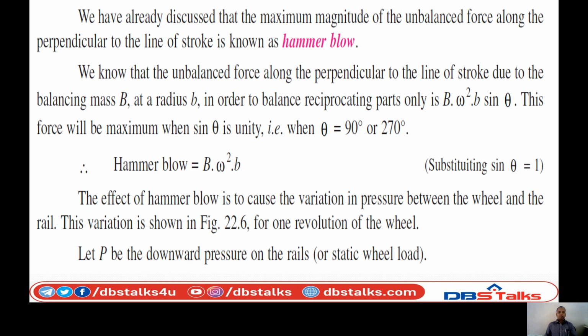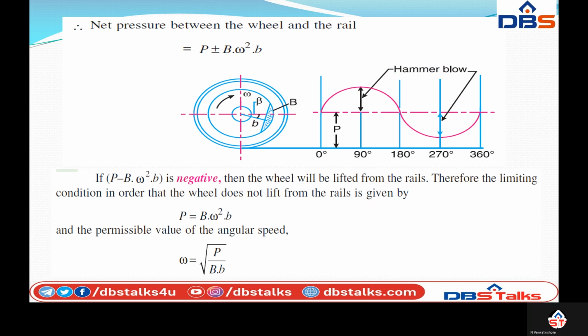This is the maximum. The effect of hammer blow is to cause a variation in the pressure between the wheel and the rail. If you see the diagram, for one rail and one revolution of the wheel, P be the downward pressure on the rail, and the net pressure between the wheel and the rail will be P plus or minus B omega square b.